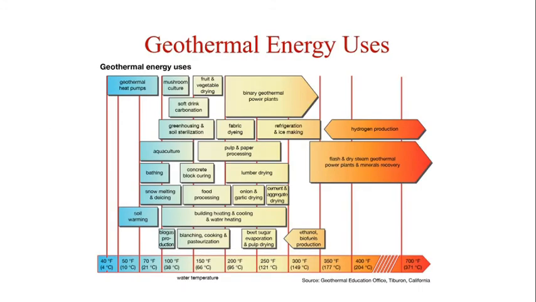Let's see the geothermal energy usage. Leftmost is the minimum temperature and rightmost is the maximum temperature. Ranging from 4 degrees Celsius to around 121 degrees Celsius, a lot of applications are there of the geothermal energy, which includes geothermal heat pumps, mushroom culture, fruit and vegetable drying, fabric dyeing, pulp and paper processing, lumber drying, onion and garlic drying.